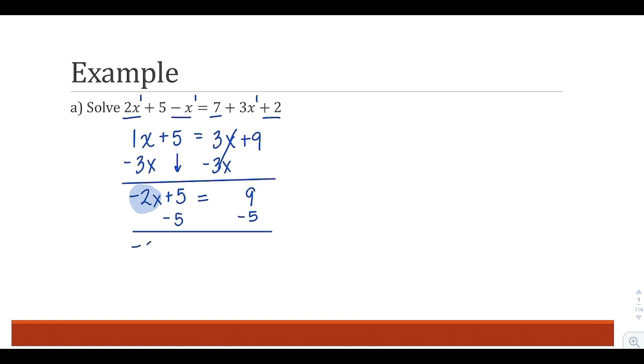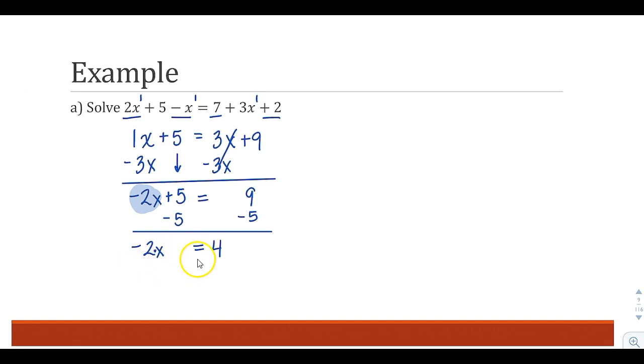So I have negative 2x, the 5 and the minus 5 becomes 0, and then this equals 9 minus 5 is 4. Now here, sometimes students mistake this for subtraction because they see this negative 2, but this is negative 2 times x. So to get the x by itself, I have to do division.